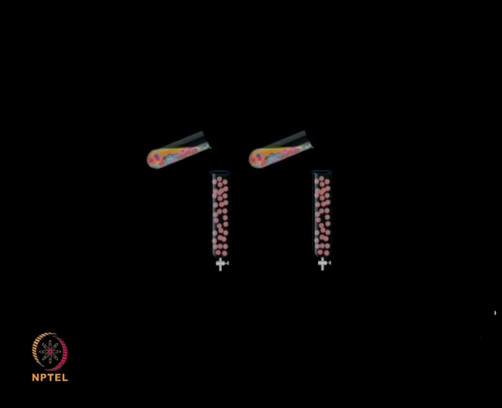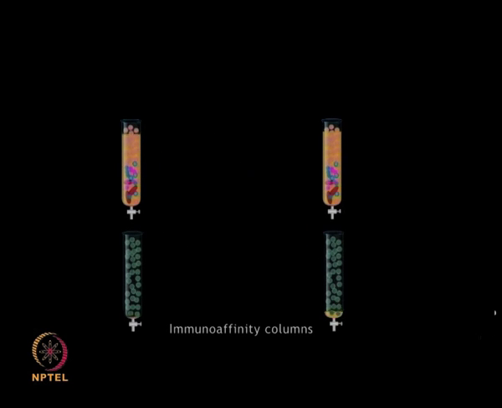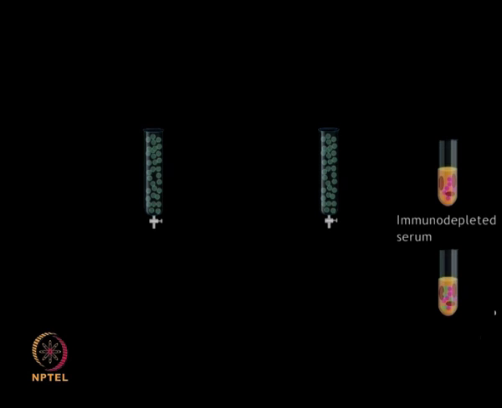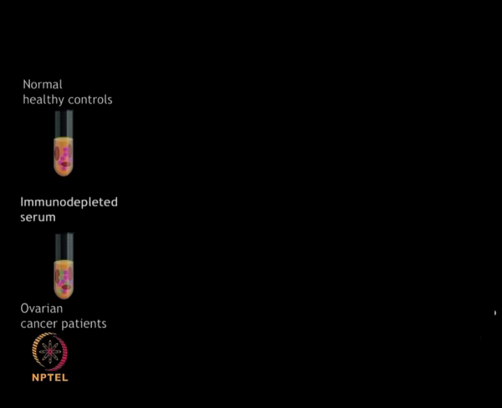So, serum samples of control and cancer patients were first depleted by using a multiple affinity removal system to carry out immunodepletion of the serum samples from normal controls and ovarian cancer samples. This step helped in removing the high abundance proteins, leaving behind only the medium and low abundance proteins for iTRAQ analysis.